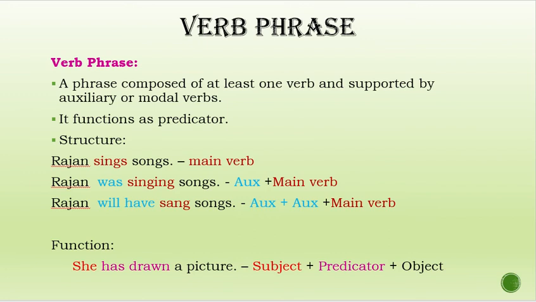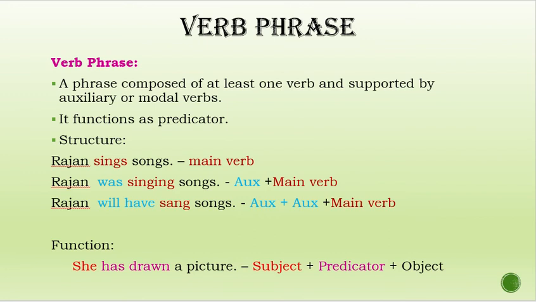Modal verbs means also just like may, might, can, could यासाठी जे मॉडेल वर्ब्स आहेत. ऑक्झिलरीज हे त्यांनाही म्हटलं जातं. सहाय्यक क्रियापदांनाच मॉडेल वर्ब्स असं म्हटलं जातं. So you should keep in mind that a verb phrase is composed of at least one verb, that is the main verb, and supported by auxiliaries or modal verbs.